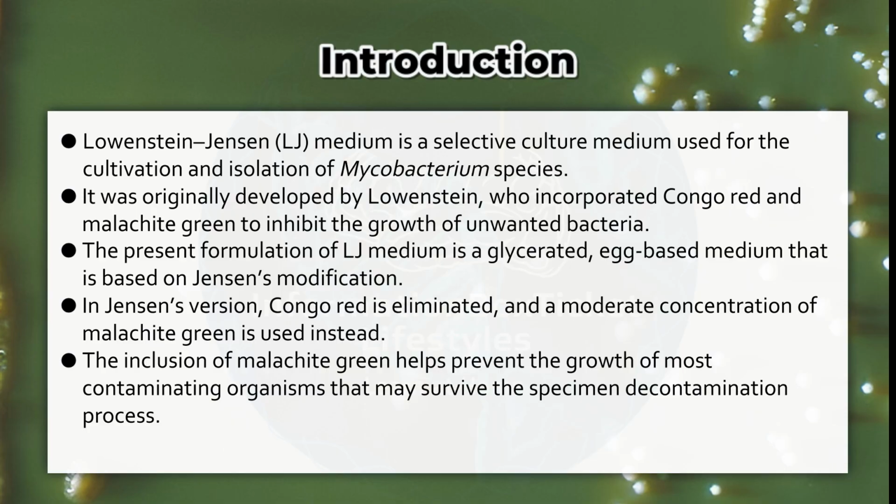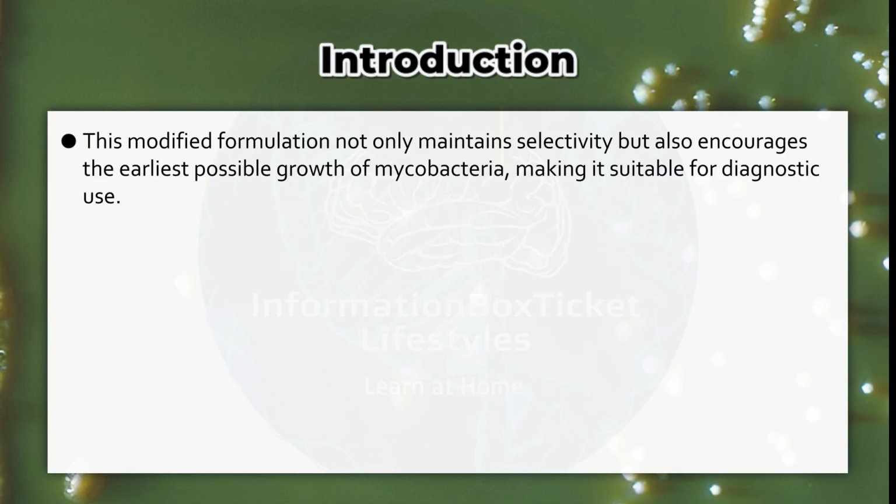The inclusion of malachite green helps prevent the growth of most contaminating organisms that may survive the specimen decontamination process. This modified formulation not only maintains selectivity, but also encourages the earliest possible growth of mycobacteria, making it suitable for diagnostic use.